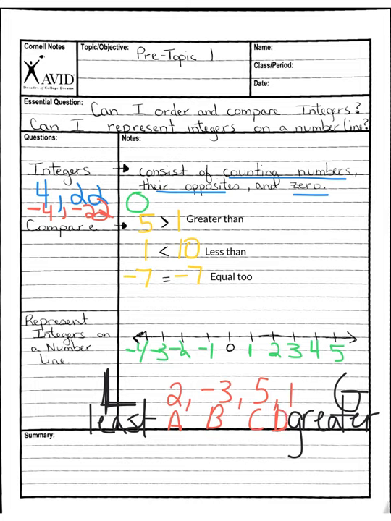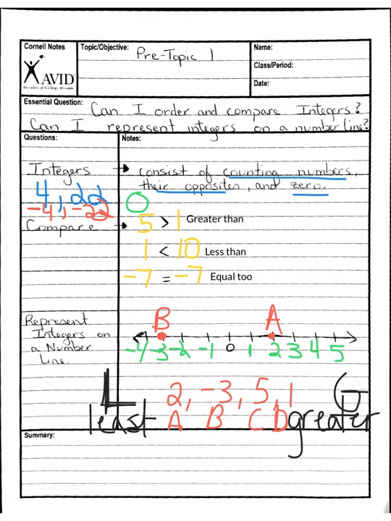Well, the number 2 is going to go right where the 2 is, and we can label that A. And the -3 is going to go right where the -3 is, and we can label that B. And we could say here that B is less than A. -3 is less than the number 2.